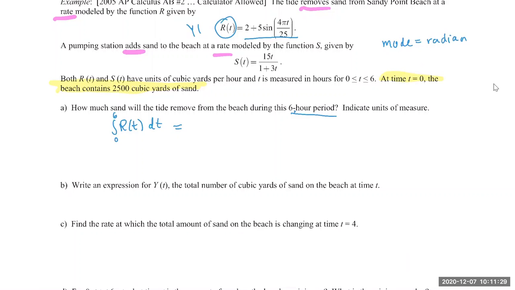Okay, good. The ones coming through are correct. And then also include in your answers your units of measure. What is it that you're accumulating and what is it measured by?